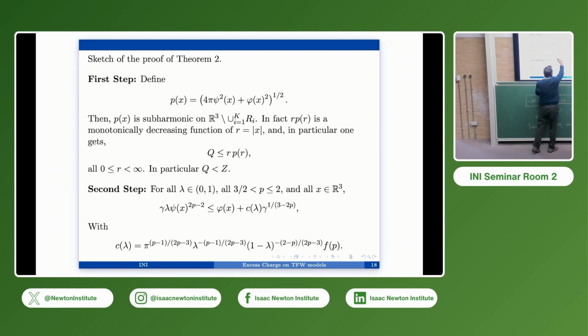At 0 it is C, and at infinity it is Q. So you have all that.